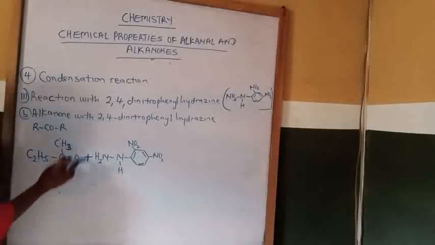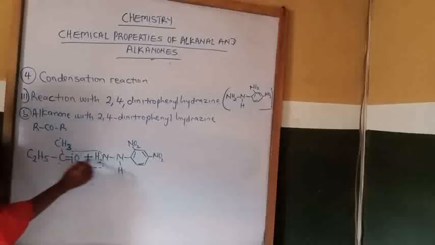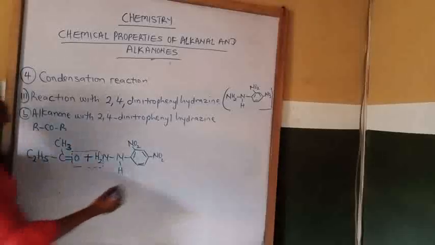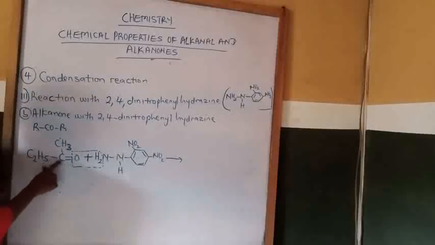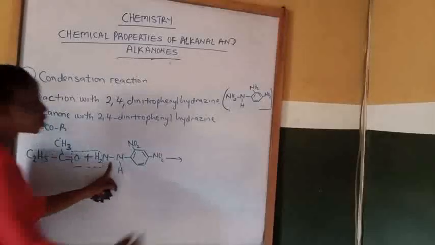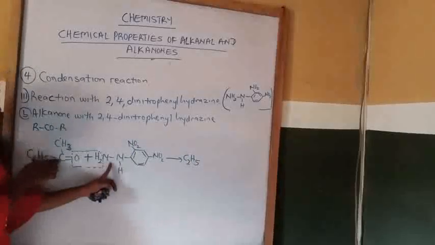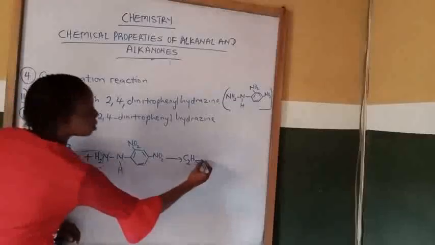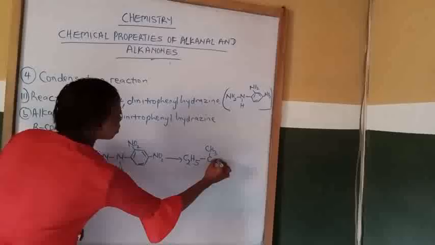So what will be the product formed now? There will be elimination of water. Let's eliminate water. So oxygen and hydrogen will give us a water molecule. Then our products will now be C2H5, then this carbon atom CH3 will combine with the 2,4-dinitrophenyl hydrazone.